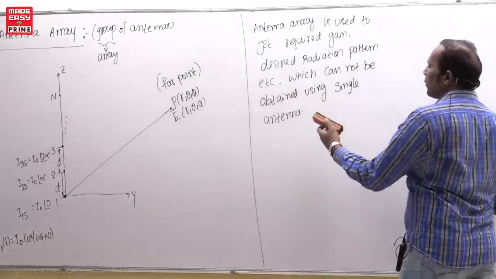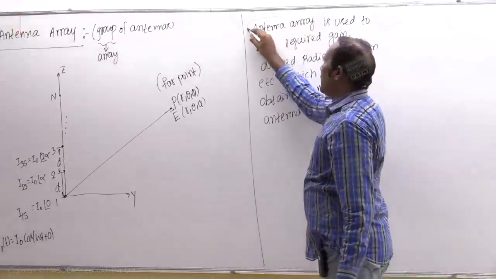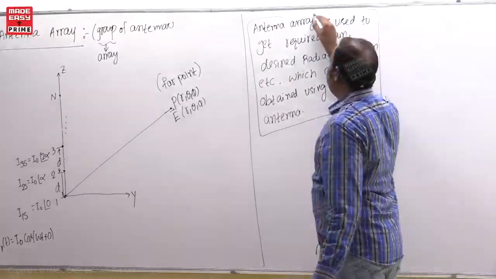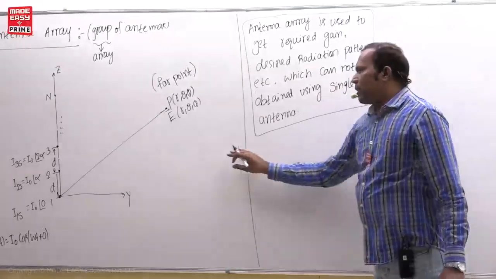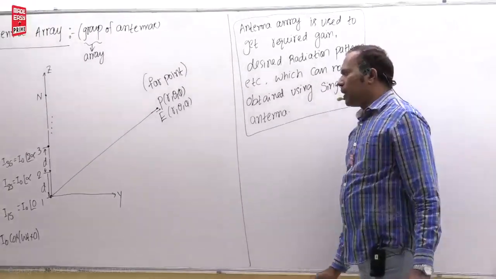Desired means whatever radiation pattern you like. That is why with a single antenna we cannot get them, students. That's why we need antenna array, that means a group of antennas. Now I am doing some rough work, students. Then you keep watching.